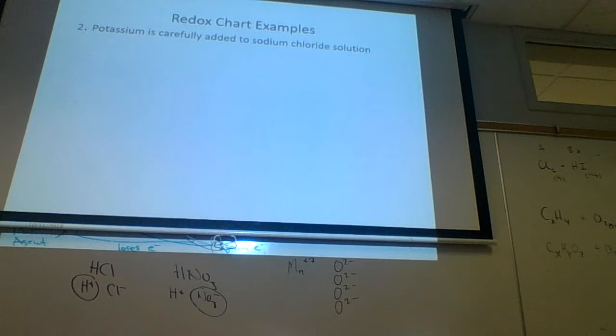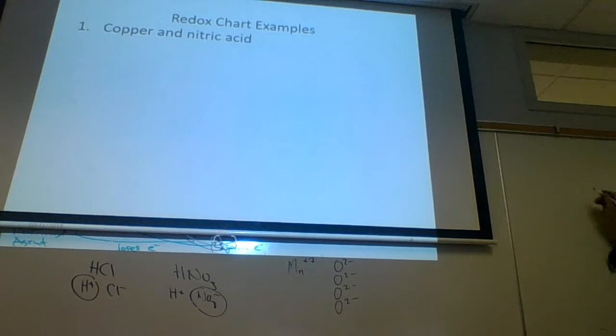Okay, there's other cases where it fails. The single replacement method failed. Copper and nitric acid. Copper and nitric acid single replacement is going to fail because nitric acid is what we call a... what?